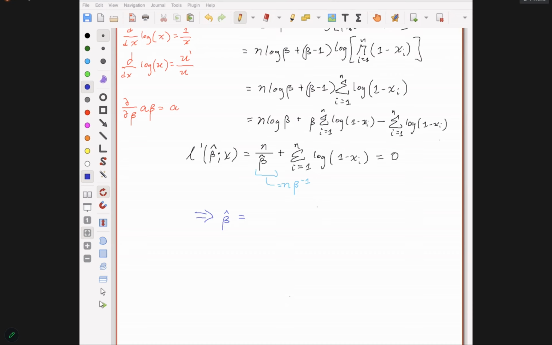Okay. So we set this expression equal to 0, and now we just need to solve for beta hat. Our first step, we can subtract this thing from both sides. So we get n over beta hat is equal to negative the sum from i equals 1 to n of log 1 minus xi.